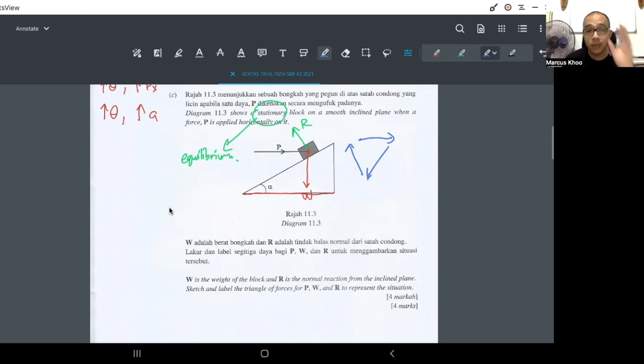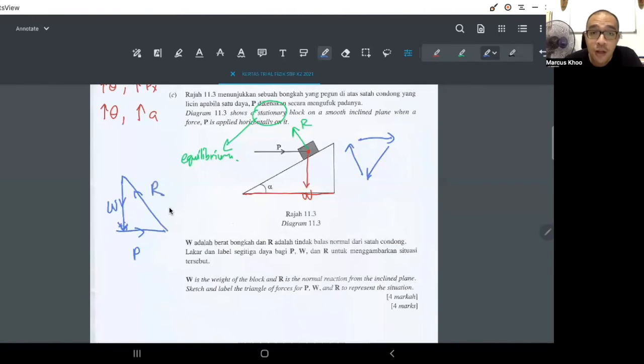So the best way to look at this would be obviously P like this, and then R like this, and then W. So this will be P, this will be vector R, this will be vector W. This will be 90 degrees.